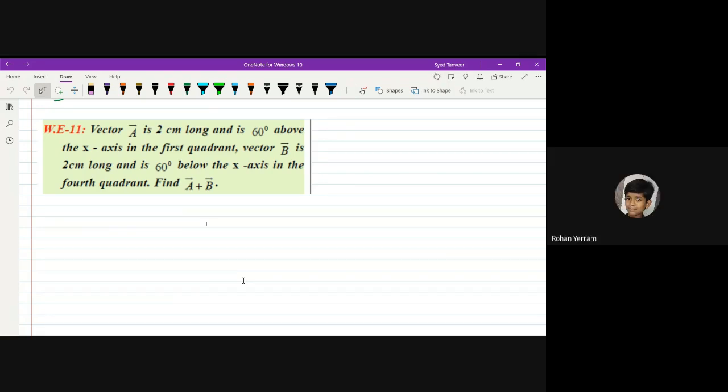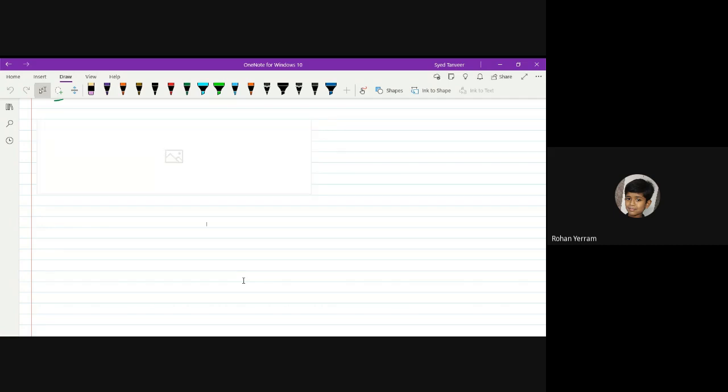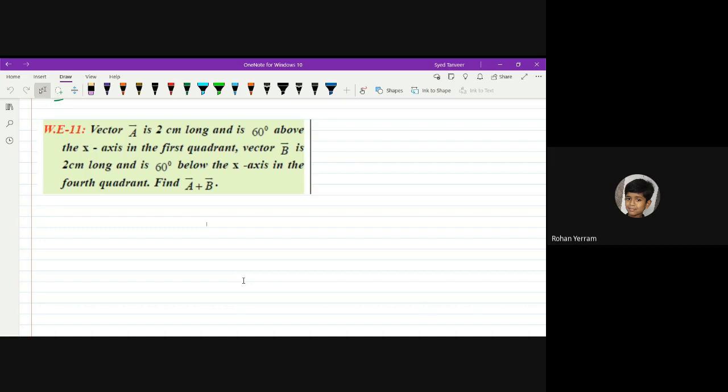Sir, 60 degrees above x-axis means making an angle of 60 degrees with the x-axis. Okay, sir.